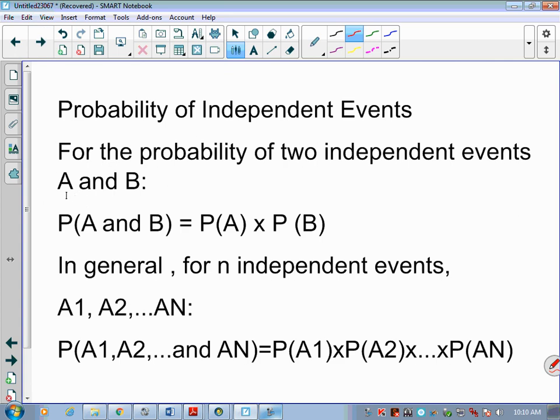For the probability of 2 independent events, A and B, the probability of A and B is equal to the probability of A times the probability of B. In general, if we have a list of independent events, it basically comes down to this bottom row here: the probability of event 1, times the probability of event 2, times the probability of event 3, and so on and so forth, until I've multiplied by the probability of all the events.